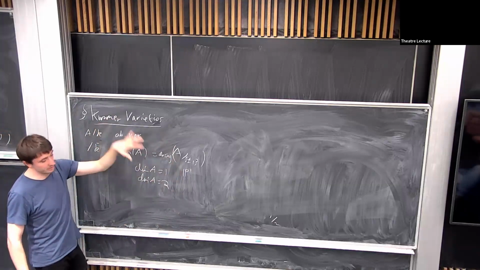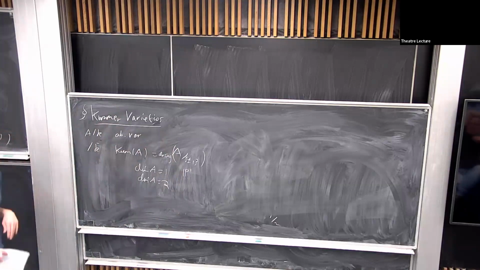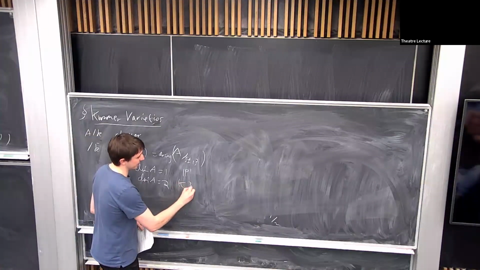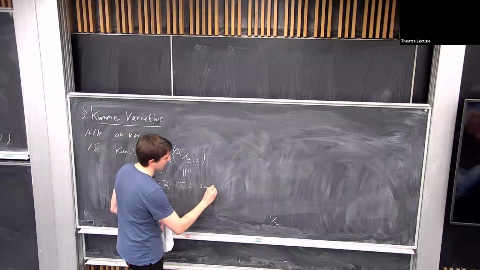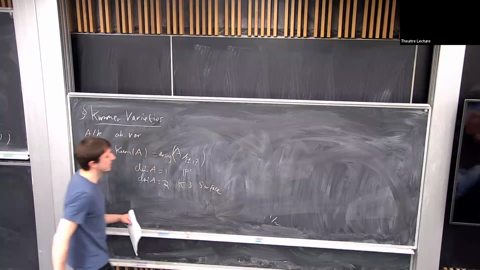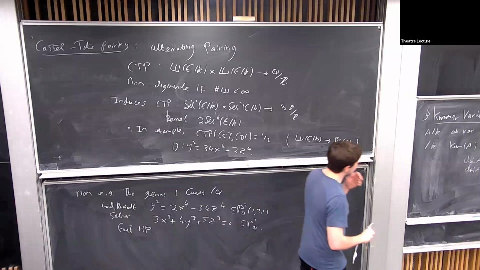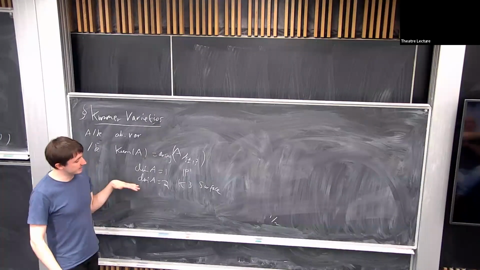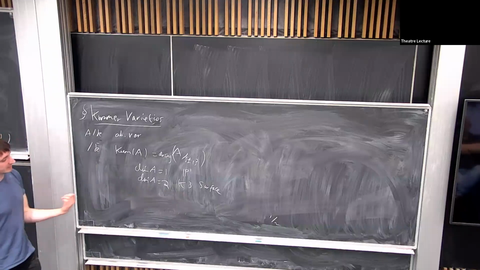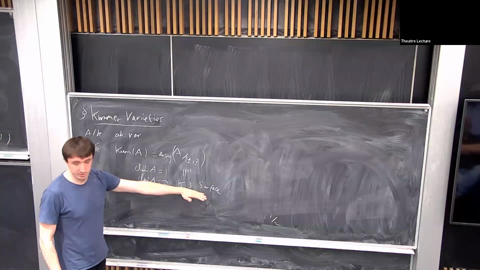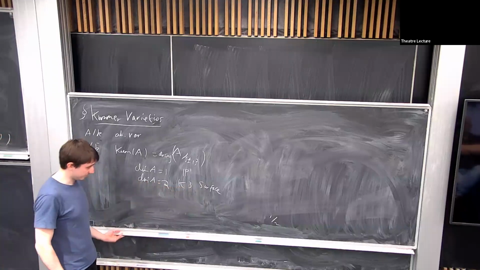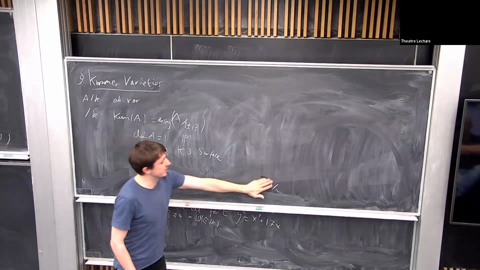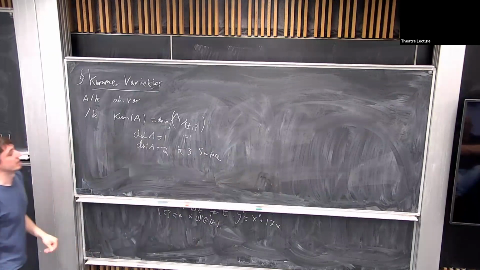You can blow up once at each of these, and then you get a smooth projective variety. And in dimension 2, you can show that you get K3 surfaces this way. One of the main motivations for studying the Hasse principle for Kummer varieties is that in the case of surfaces, we're saying something about the Hasse principle on K3 surfaces. That's something quite hard to say in general, where there are lots of conjectures, but not so much is known about what to expect.